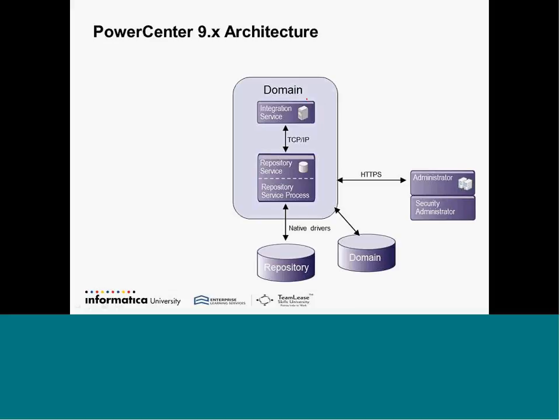The integration service is known as your execution engine, because all execution takes place against this engine. The repository service is called your design engine, or designing is done against this engine.